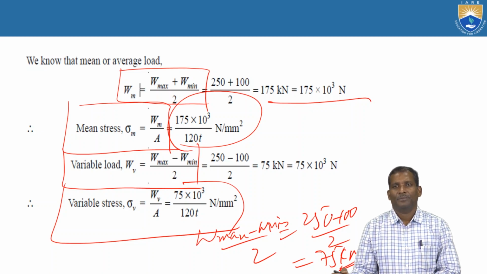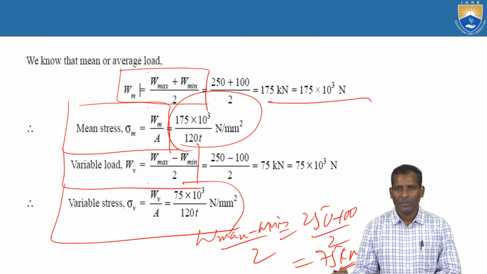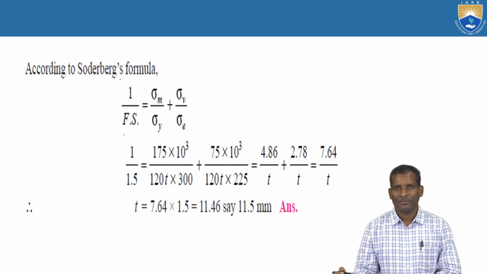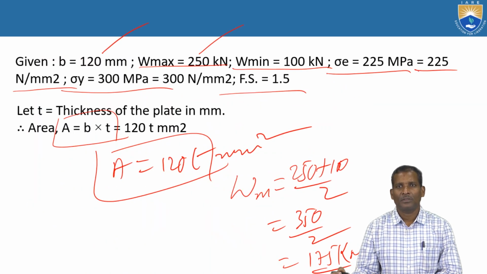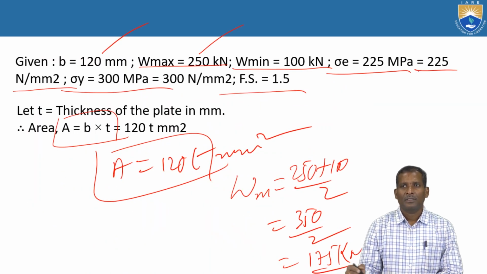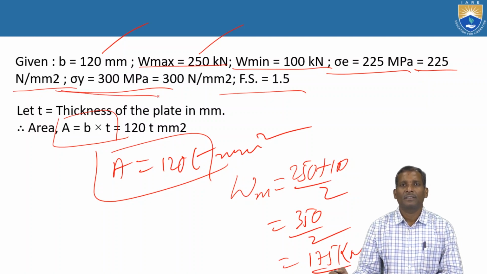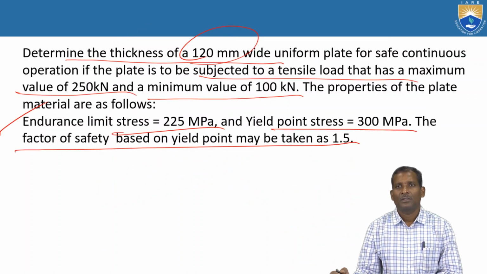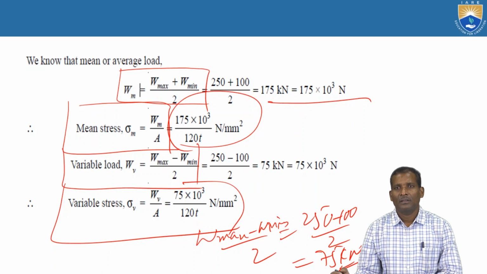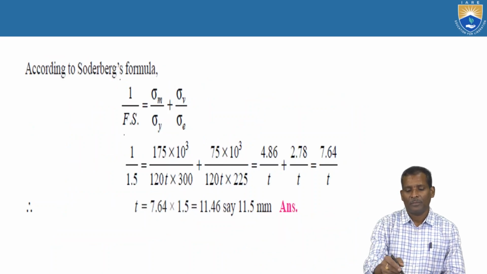Now apply the suitable method you have discussed in previous slides. Here the Soderberg formula is applicable, because in our problem sigma E and sigma Y, the yield stress, are available. The material is subjected to a tensile load with a maximum and a minimum value given, and the yield point stress is given, so this material is ductile and the useful method is the Soderberg formula.